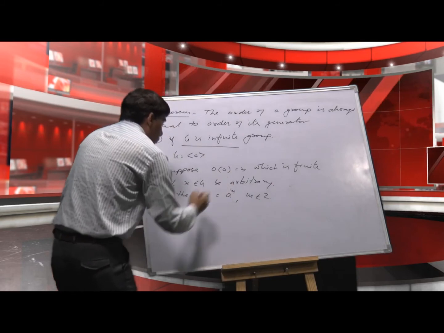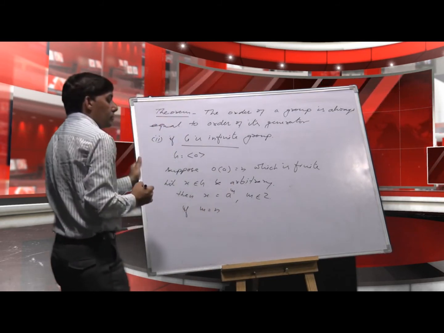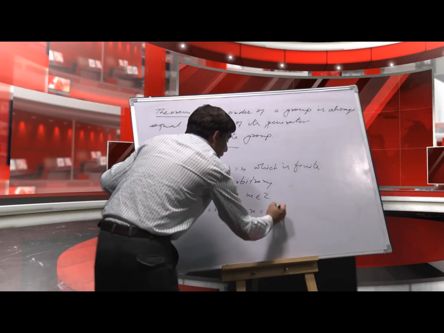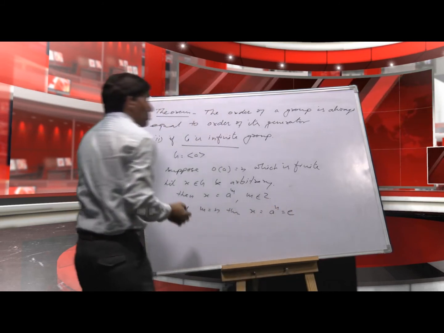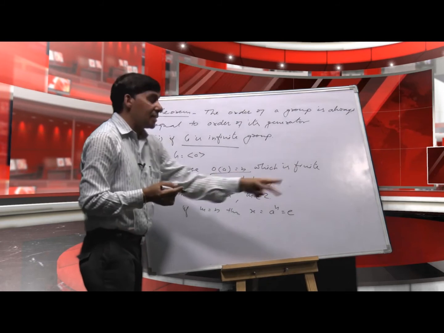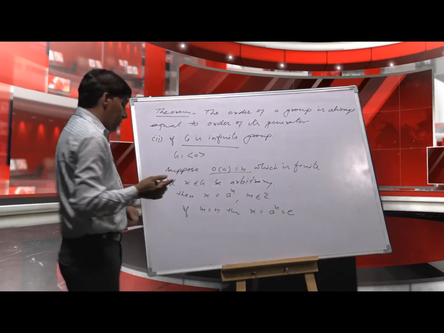If m is equal to n, then x is equal to a raised to power n, which is equal to identity, because order of a is n and a raised to power n is equal to identity. So x, the element of G, is equal to identity.